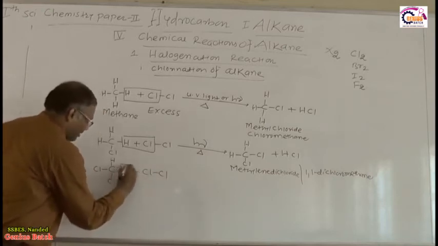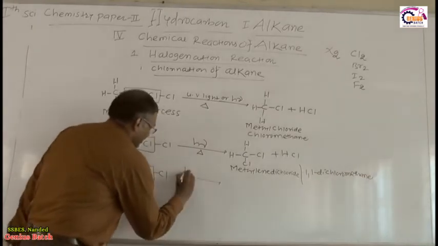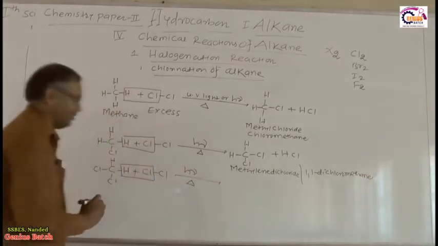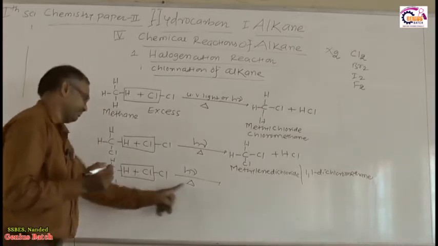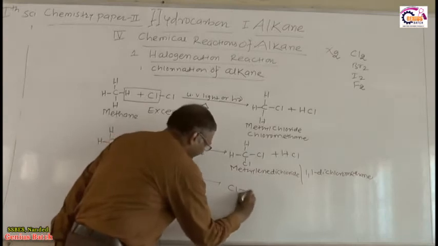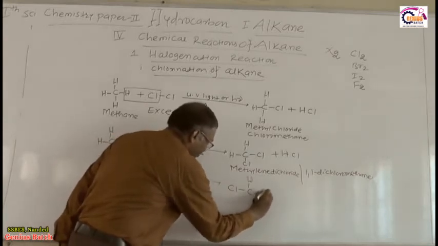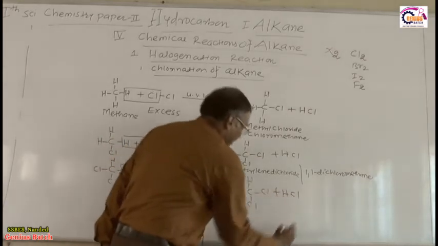This hydrogen atom is replaced by chlorine again. This is the ultraviolet light, that is the packet of bundle of photons, hν. So this hydrogen is replaced. What will you have? This is the hydrogen, this is again chlorine, plus HCl.